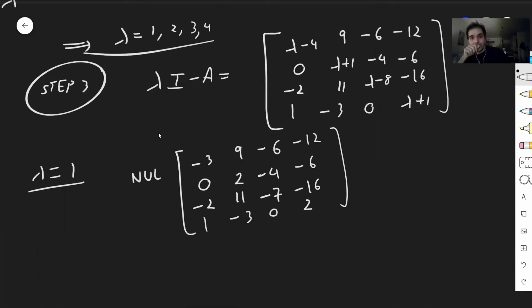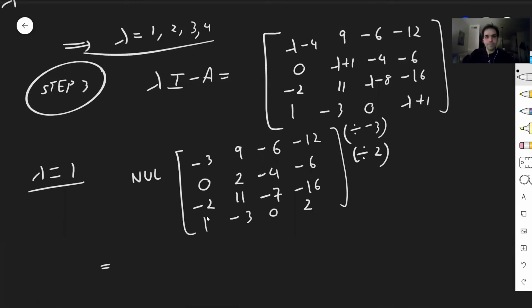Let me check. It's important here to check that your answer is correct, because otherwise you make mistakes. All right. And then what you do here, you divide by minus 3, because everything is divisible by 3. And then here you divide by 2. All right.